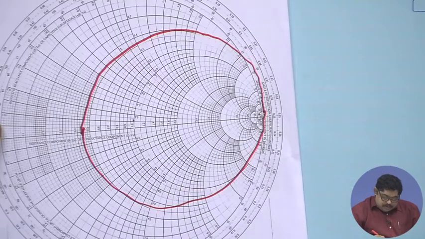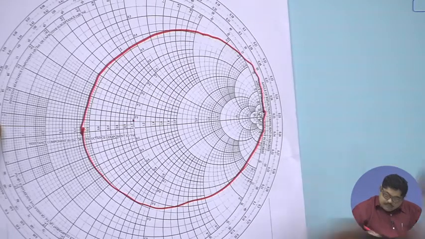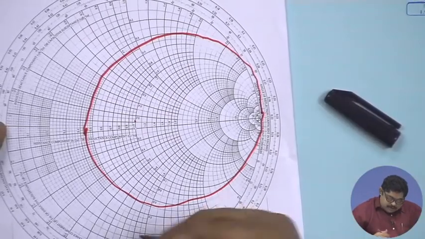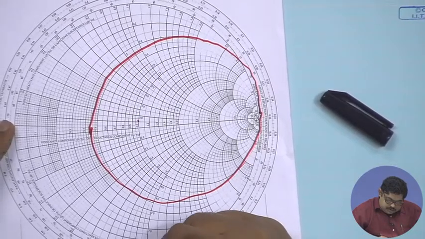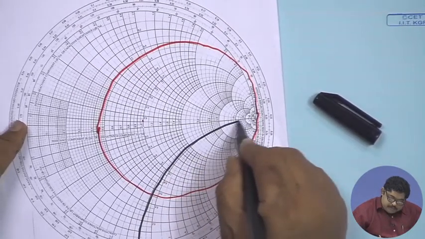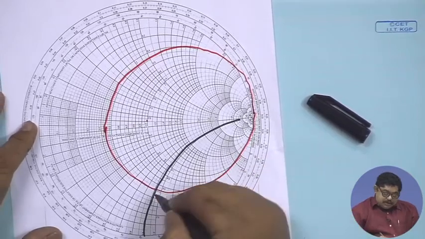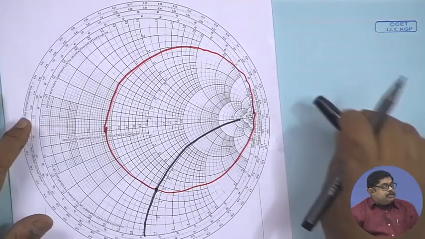You will have to locate where j 0.9 is. So, this intersection point is our desired point.